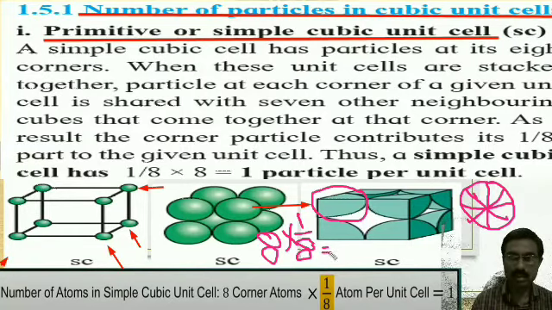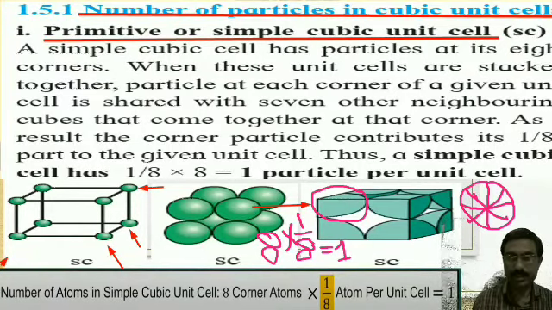The number of particles present in a simple cubic unit cell is equal to 1.